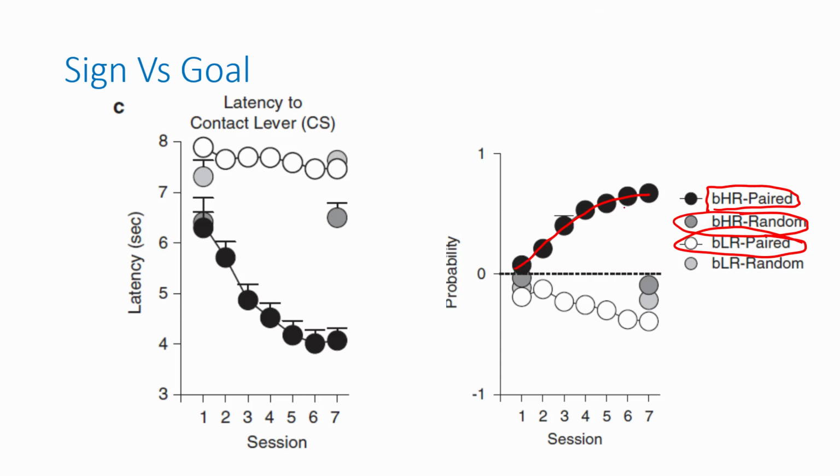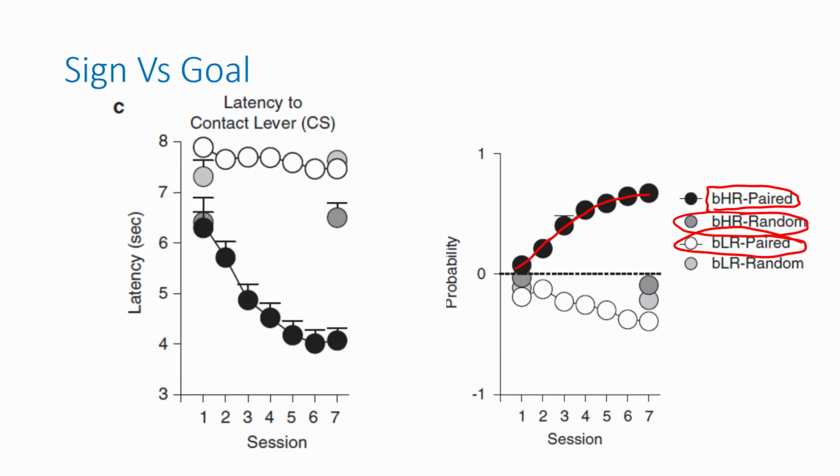The lethargic, slow-moving guys, the goal-oriented ones, take quite a good amount of time before they come to the lever and press it. They do come, but in a very slow fashion.